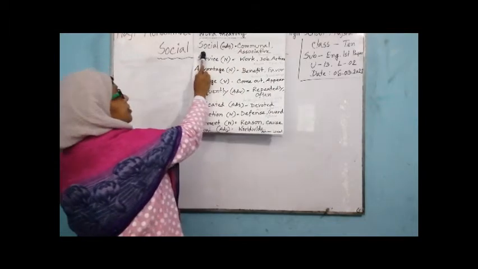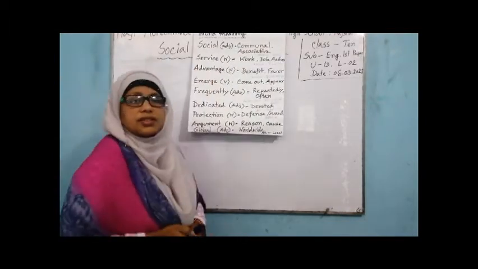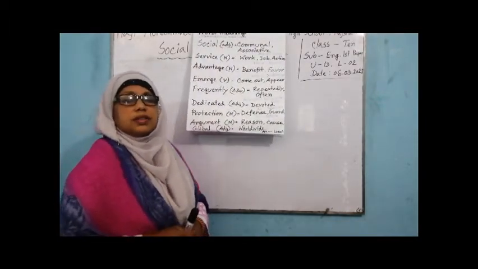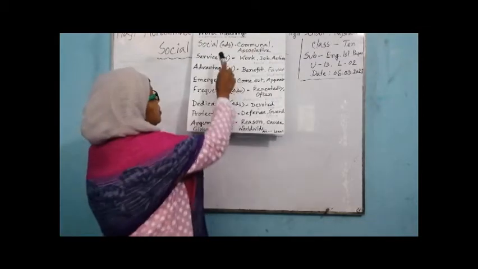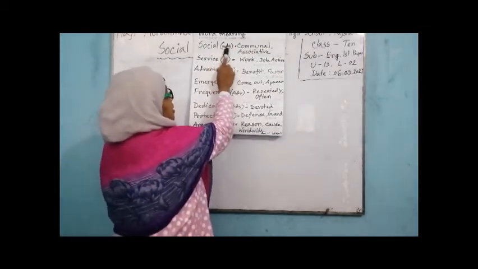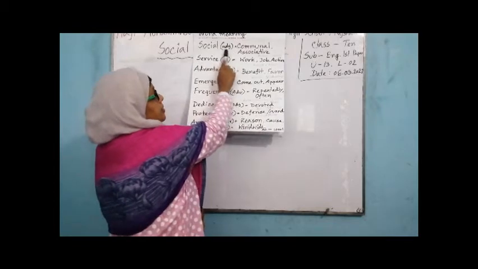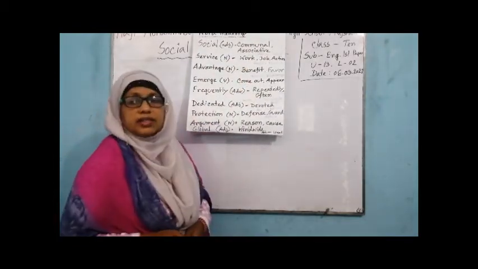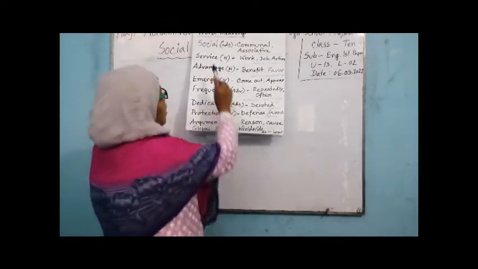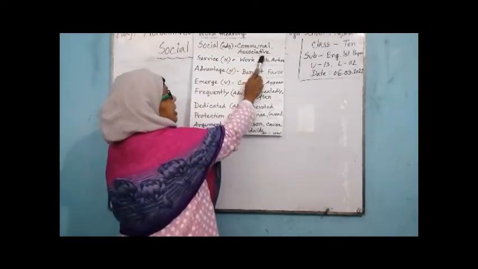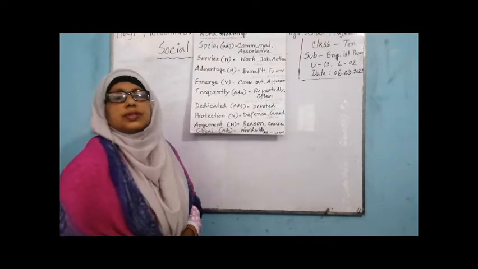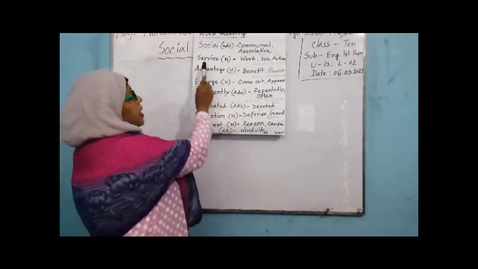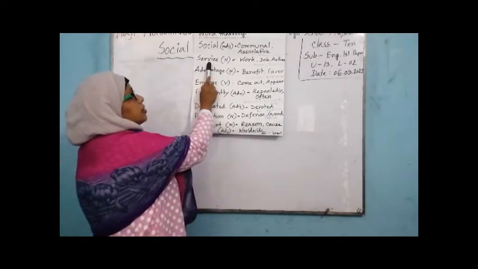Okay, first word. Social. Not individual. Here it's which part of speech? Adjective. Means communal or associative. And its opposite word, that means antonym, unsocial. Next, service.